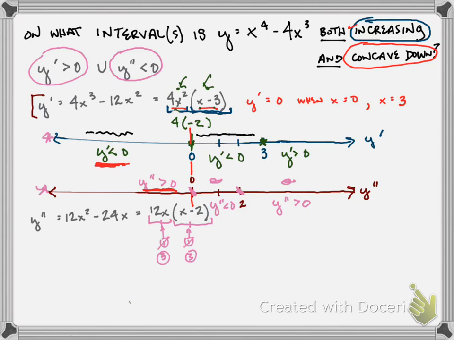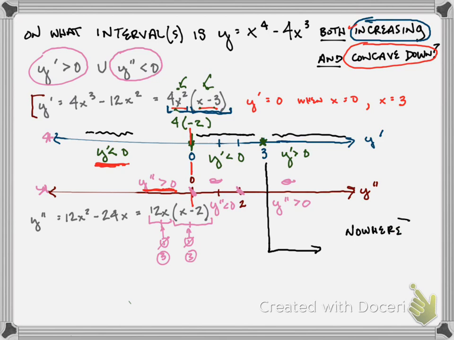It's on this interval that we are increasing, and in fact that's the only interval where we're increasing. And if you look, there's never an instance where we're actually increasing and concave down. So nowhere is our answer.